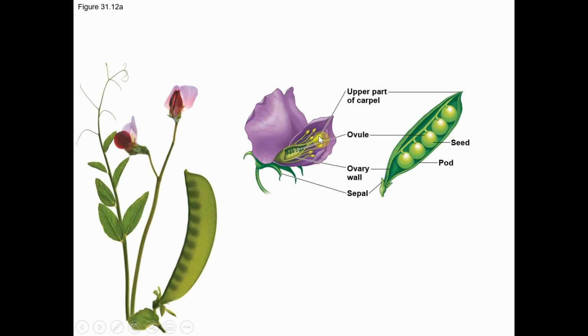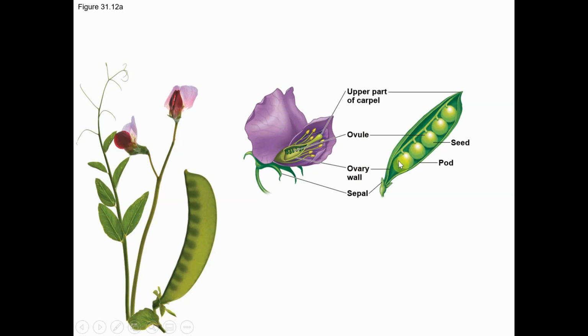And once that's done, then the ovules will become seeds inside that ovary. And so here you can see the ovules. There are 5 in this example for that one carpel, one ovary. It's going to have 5 ovules. And when these are fertilized, they develop into seeds. So those are going to be the peas.